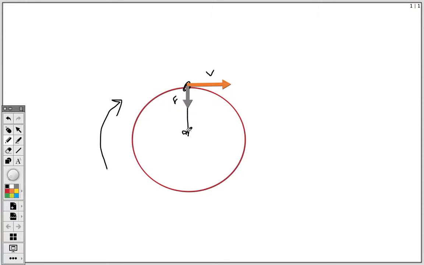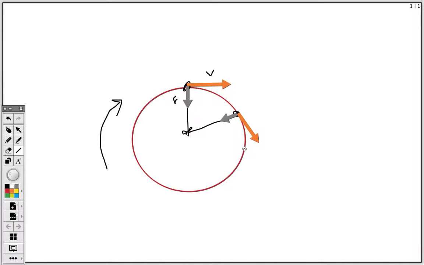All right. And if we were to do this at every single point in the path, so let's say at this point in the path, well, once again, our velocity is going to be tangent to the line, meaning if we let it go right there, that object would continue along this straight path. But once again, that string is tugging on it, it's pulling on it towards the center.